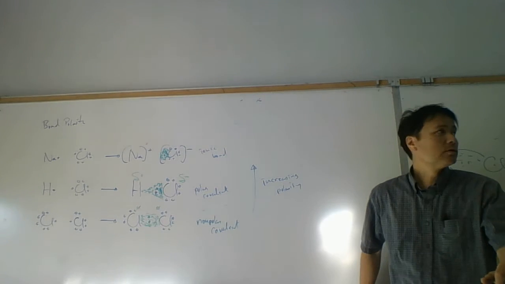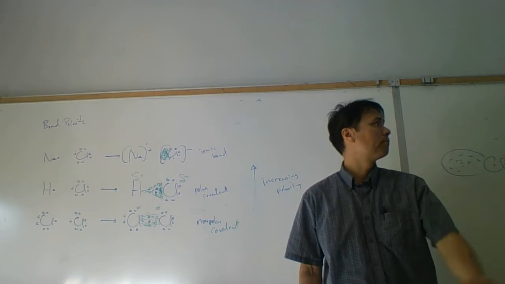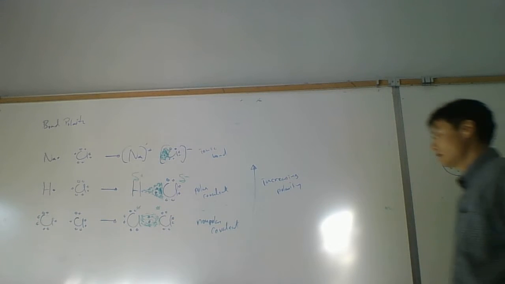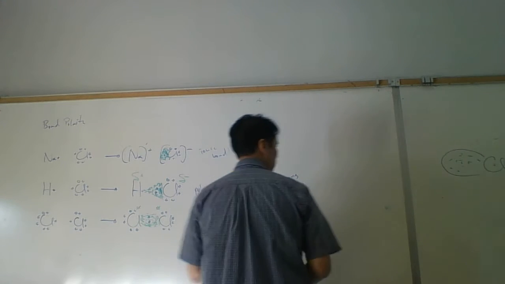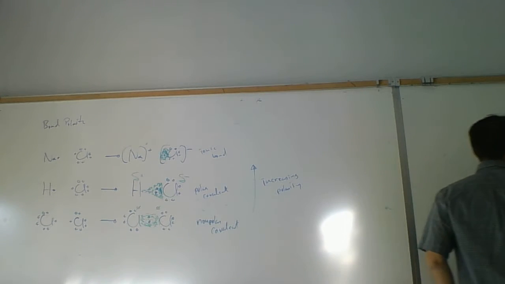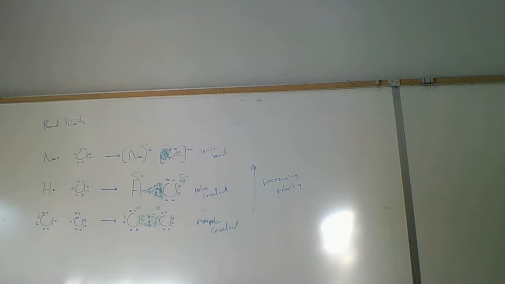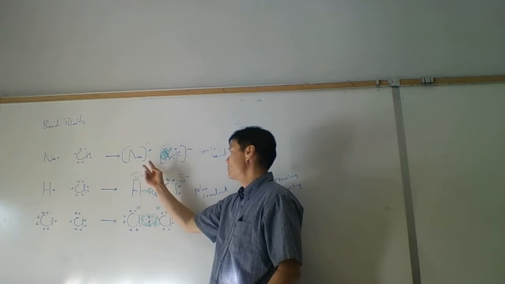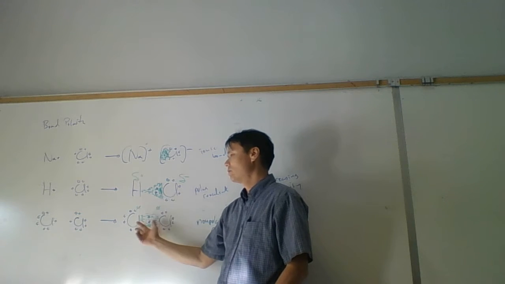So what we're going to do is come up with a broad categorization scheme and rank things. What we're going to try to do is visualize a tug of war between two opponents: sodium versus chlorine, hydrogen versus chlorine, chlorine versus chlorine.